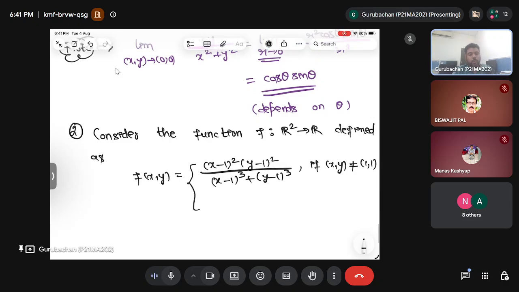Obviously if it is equal to (1,1), the denominator will go to 0 and the whole quantity will not be defined. Whenever it is equal to (1,1), I am defining the function as 0.